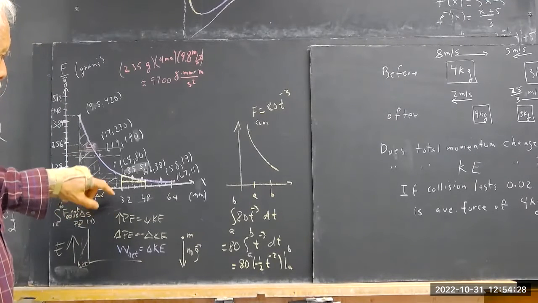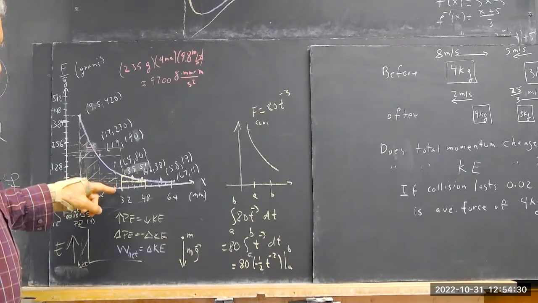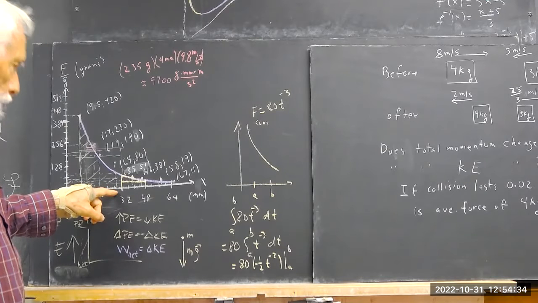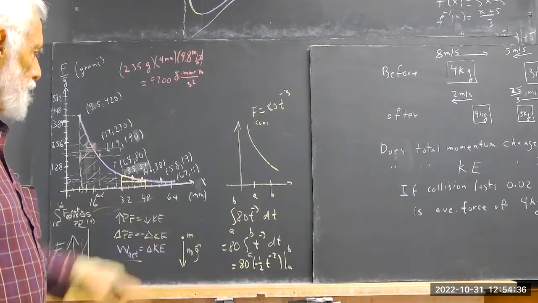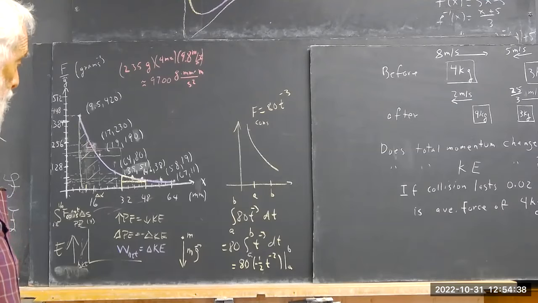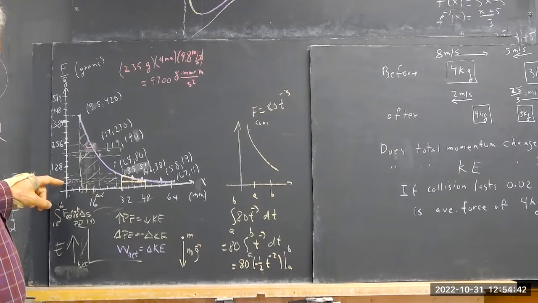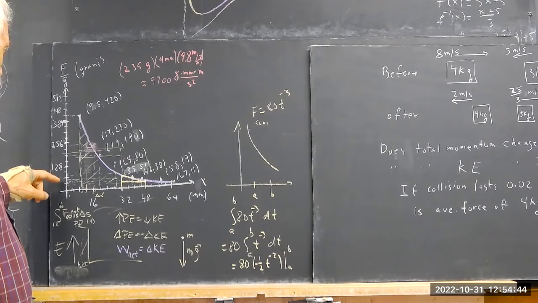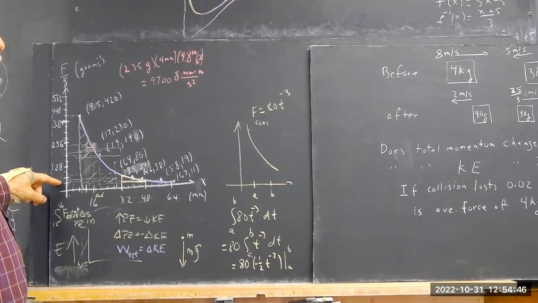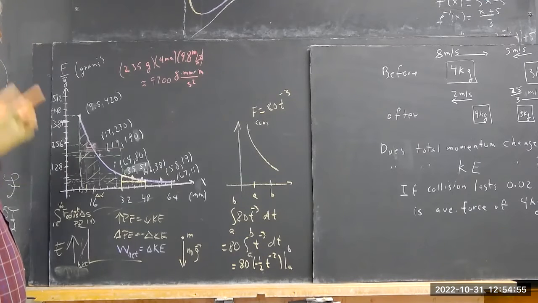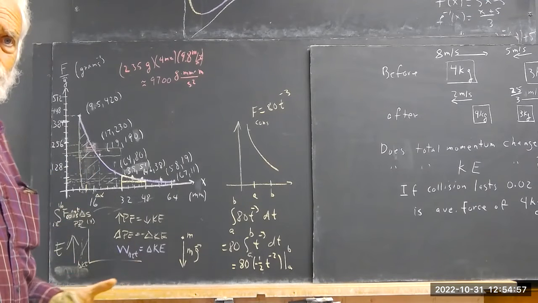Anyhow, it looks like the average force over the interval from 3 centimeters out to at least 64 centimeters would be somewhere in the neighborhood of the weight, the force of gravity, on about 34 grams.